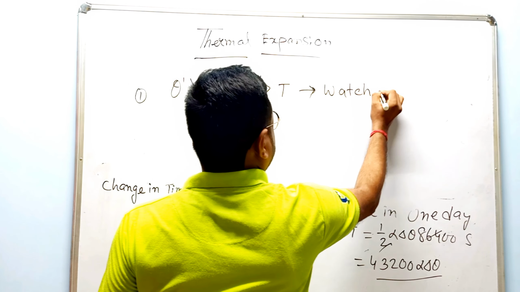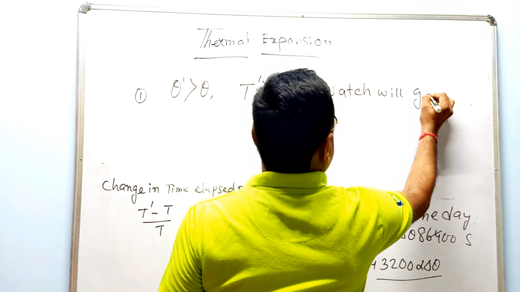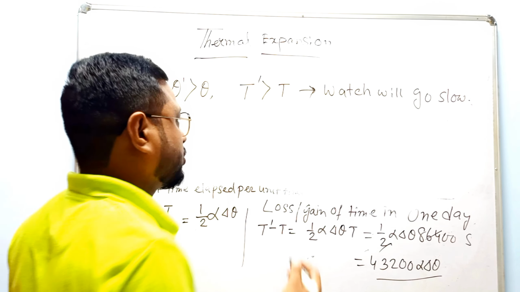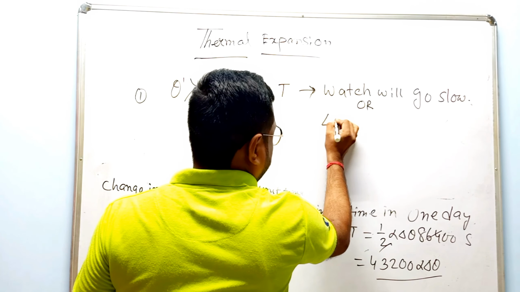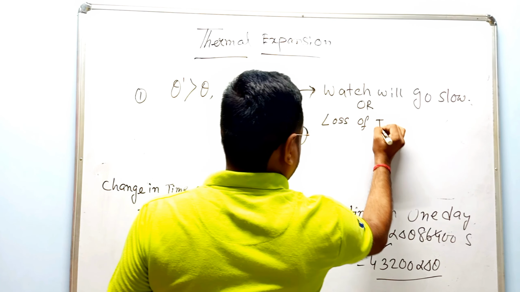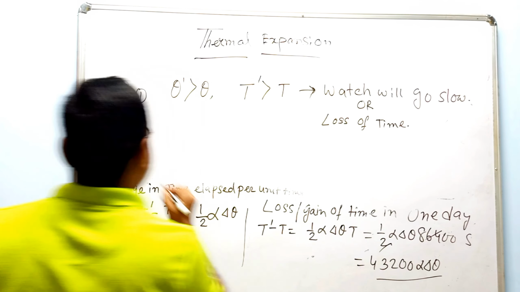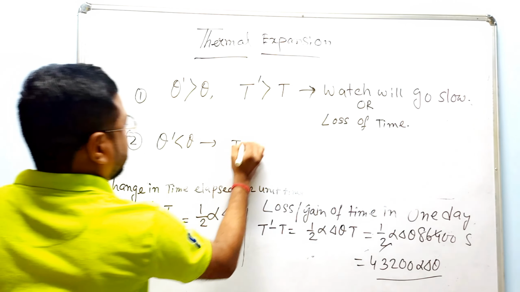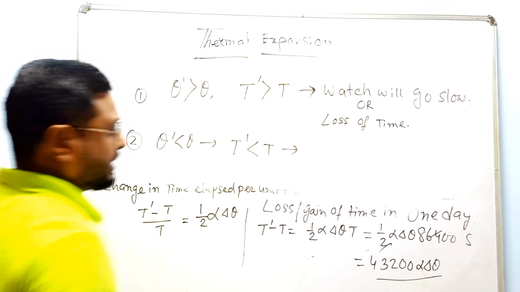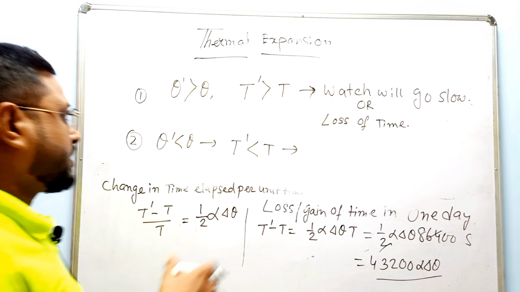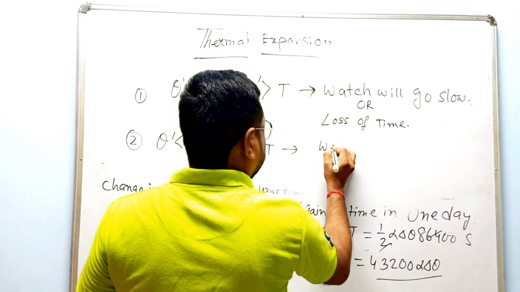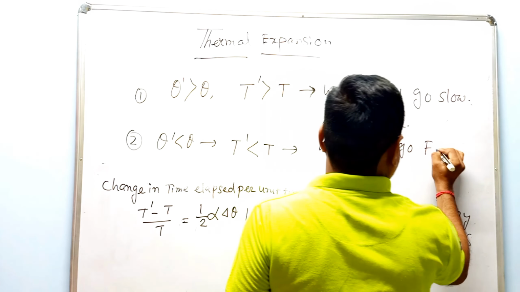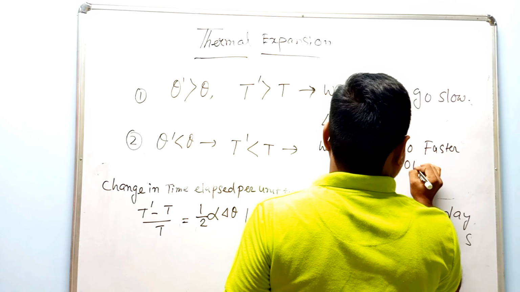Greater time means the watch is getting slow, or loss of time occurs. Number 2: theta dash less than theta means T dash less than T, that is the time period has become smaller, meaning the watch will go faster, or gain in time.